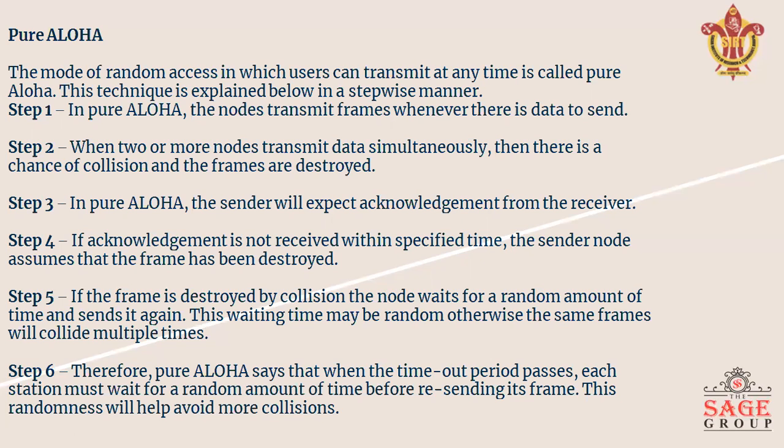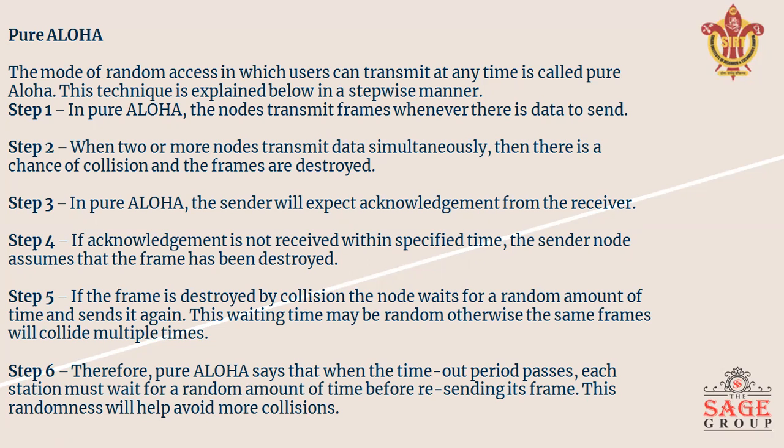Step 2: when 2 or more nodes transmit data simultaneously, there is a chance of collision and the frames are destroyed. That means if multiple nodes get data and transmit it simultaneously, there is a chance of collision and the frames are destroyed.